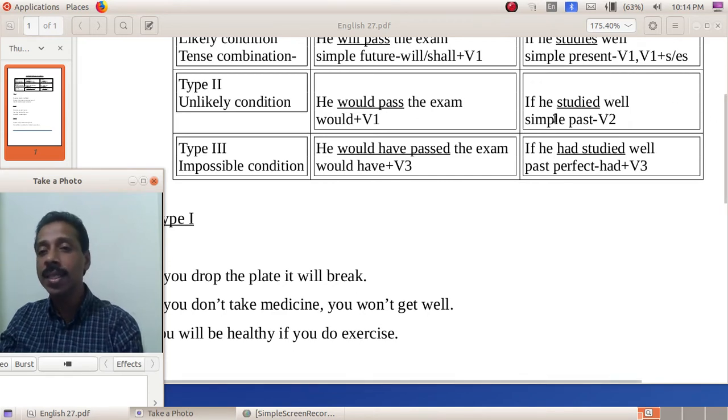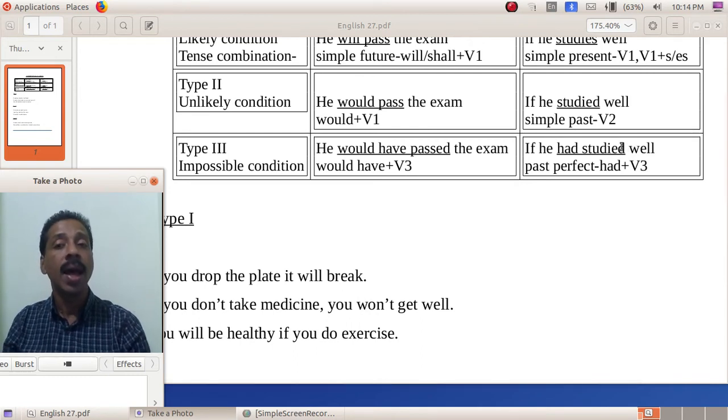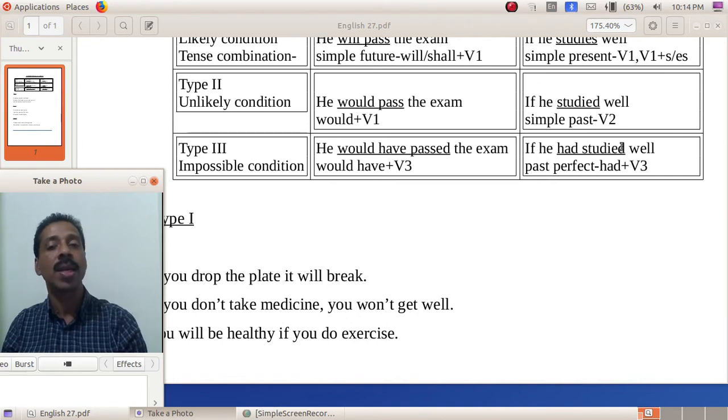So this studied, even though we use simple past tense, you have to understand that as we use it in if clauses, it is not real past, and there is a grammatical term used for that, that is conjunctive past. Don't be bothered by these terms like conjunctive past. That means it is not real past.